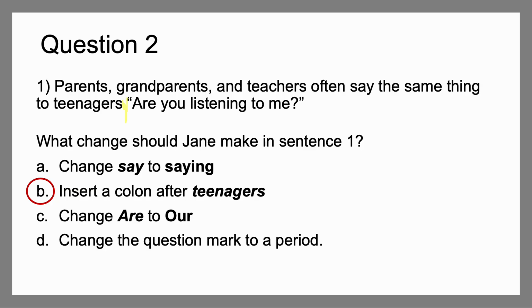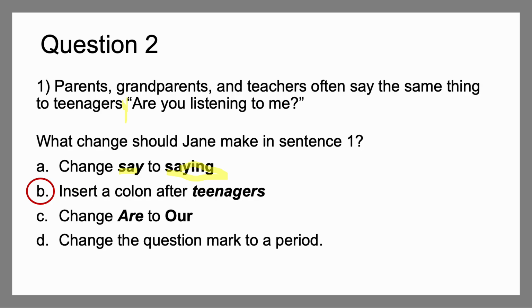Now, if you want to double check your answers, you can. I would always go through the answer choices and make sure I can justify why they are incorrect. There's nothing indicating why I would need to change the verb tense in this. "Say" is perfectly fine. I don't need to change it. However, I can tell it's trying to distract or trick you because we see "listening" right here. When you're trying to match verb tense, you look at all the verbs and try to match them. So I see "listening" here.